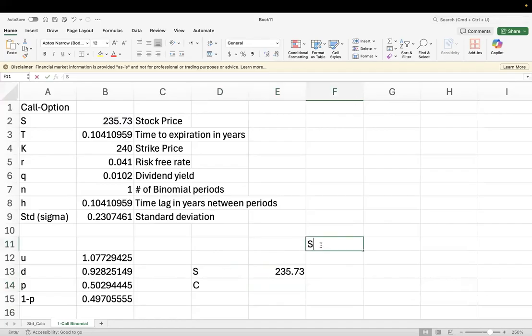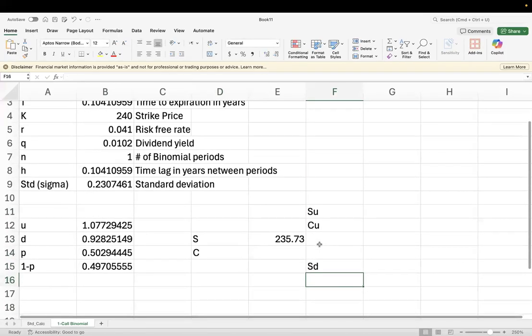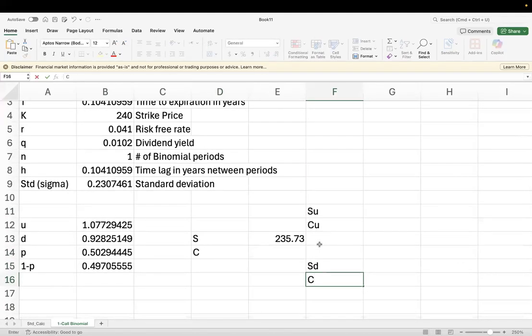Here I'm going to calculate SU, and here CU, and here SD, and then here CD.